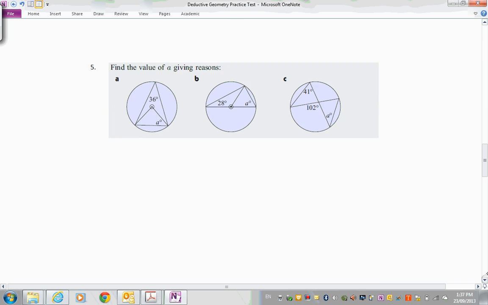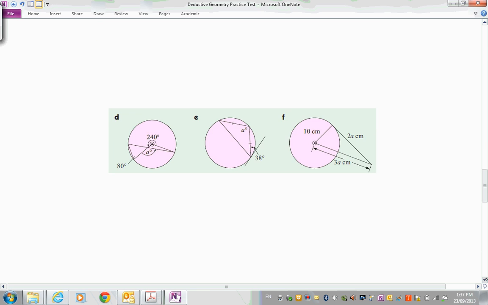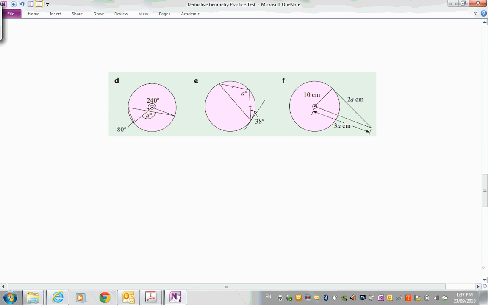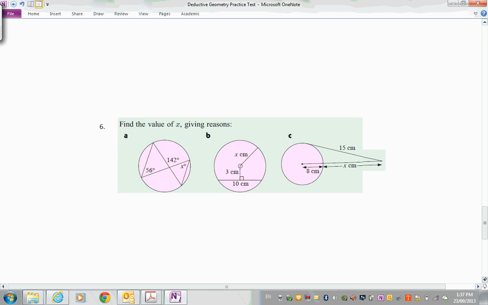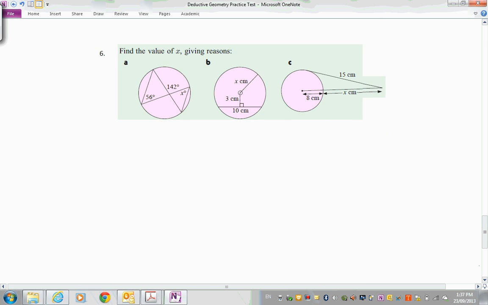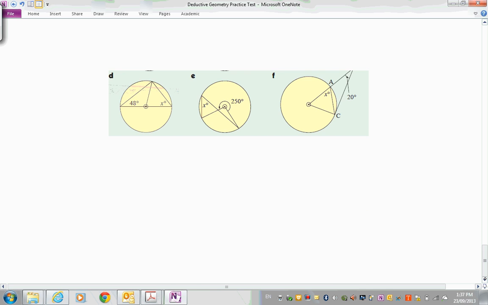Question 5. And the rest of question 5 there. And question 6. And the rest of question 6 there.